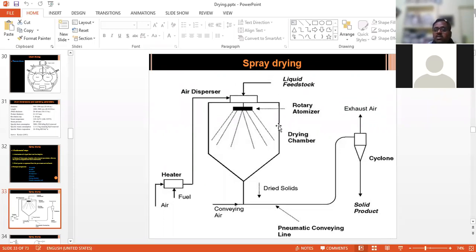So rotary type atomizer, they are rotating at a speed of 30,000 to 50,000 RPM, and they actually disperse the milk into very small, very minute or fine droplets, and they actually come onto the surface, and we are also employing that they suck the powder, and it actually comes through pneumatic conveying lines. You can see here pneumatic conveying line. They actually suck the dry powders and it comes into the cyclone.